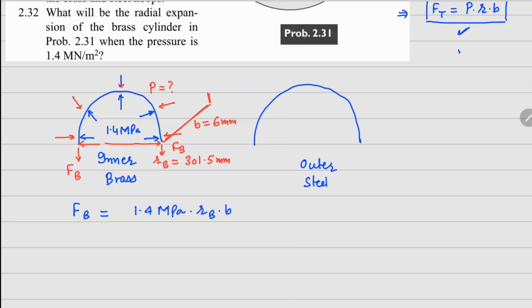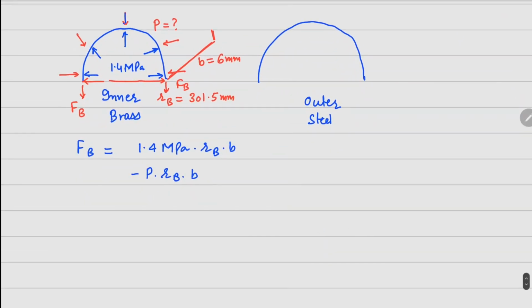Now if you notice, there is a negative pressure also, which is P. So this will be combined with P pressure times RB times B. So for this hoop, we can write your FB is (1.4 minus P) times RB times B. This is the first equation we have got.